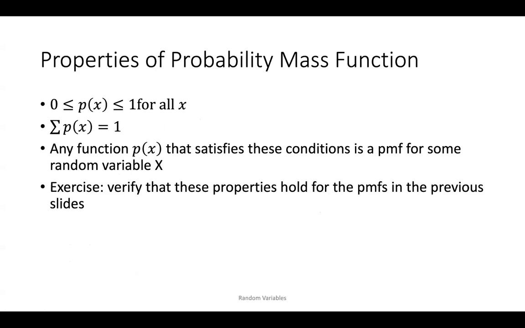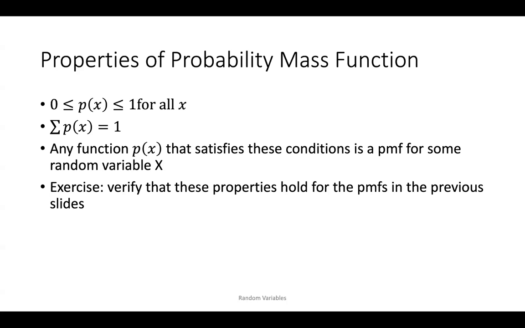Just in general, there are infinitely many of these probability mass functions, but there are important properties. First of all, p of x is always between 0 and 1. It could equal 0, it could equal 1.